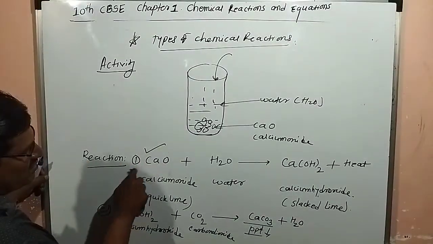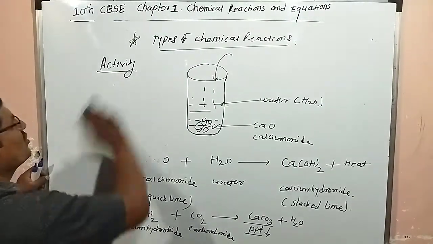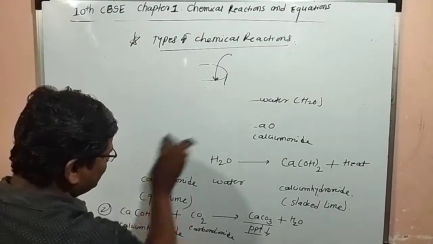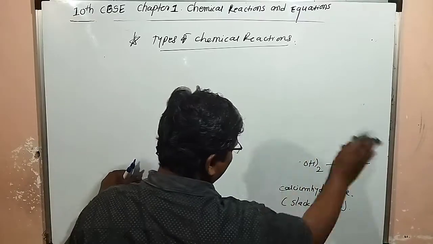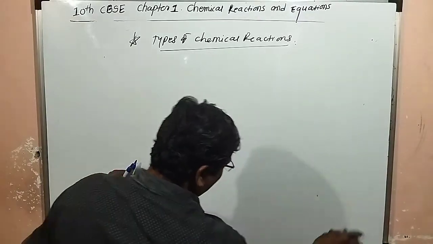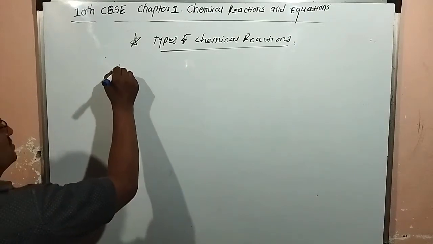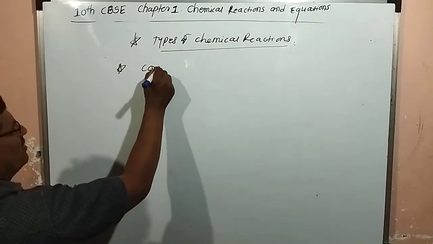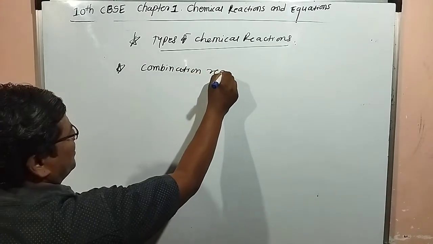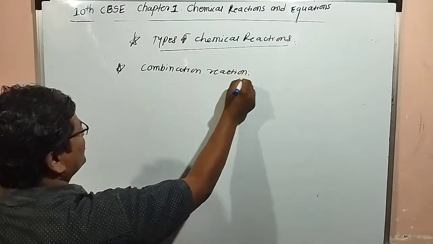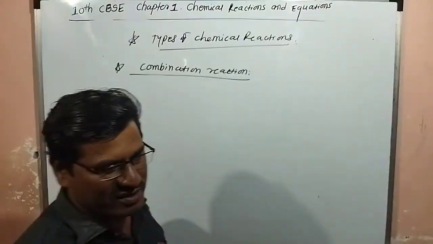This first reaction is a combination reaction. So the first type of chemical reaction we'll see is the combination reaction.